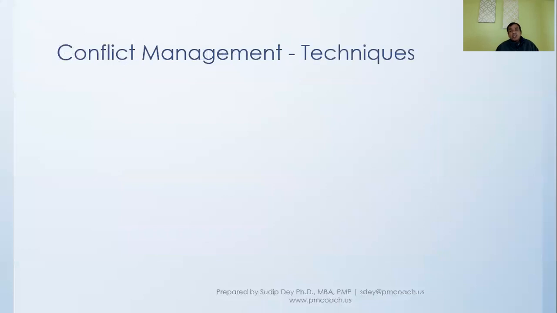Now, there are different techniques in resolving conflicts, and each has its place. Depending on the circumstances, one or the other might be applied. One of the techniques is called withdraw or avoid. Essentially, when there is a conflict like this, you will just retreat and probably postpone.